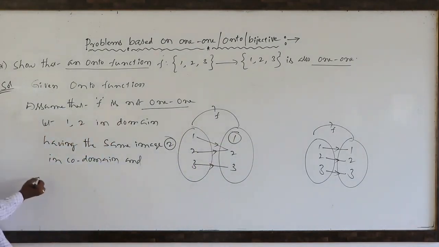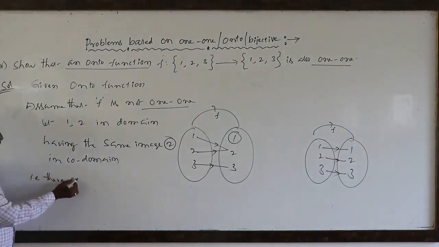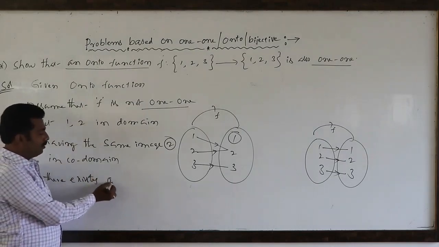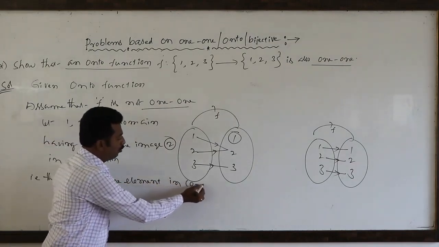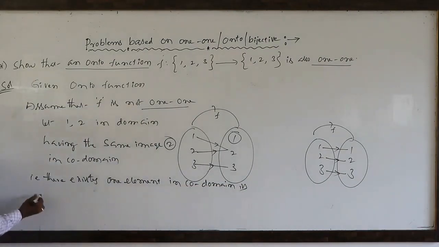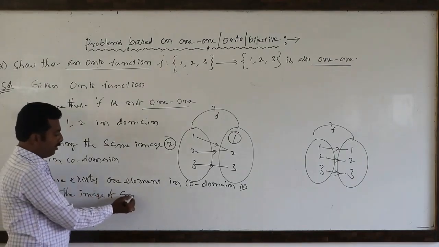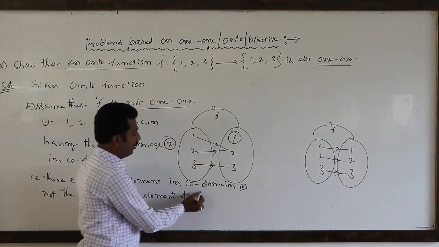So there exists one element in codomain that is not the image of any element of domain.